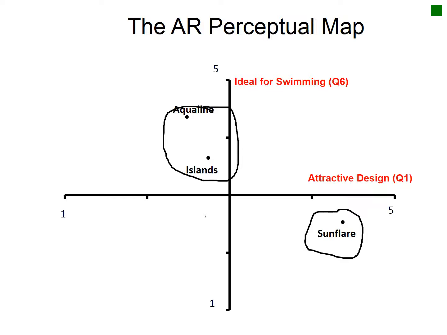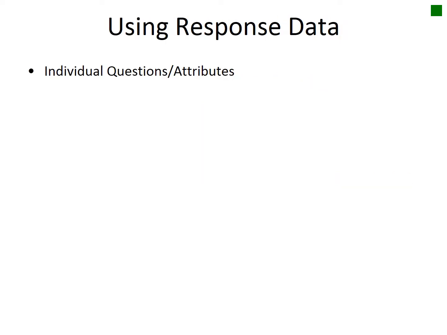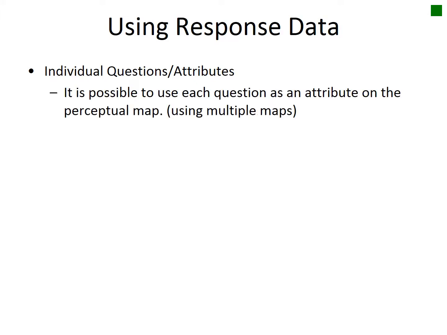Okay, so this is a way we can start using data gathered from consumers and begin to analyze our individual brands by consumer response. Moving forward, we again are continuing to look at the data and the process of putting the data onto the map.